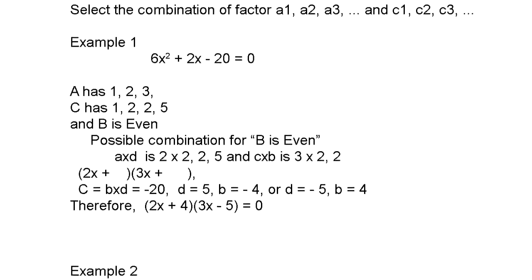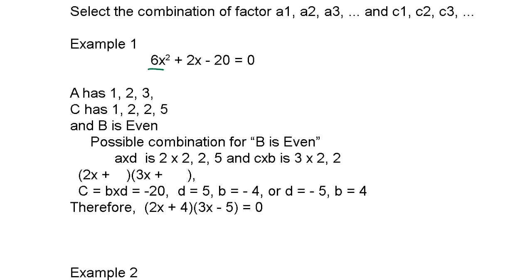Okay, let's do some examples. This is relatively small, not that big. 6 is broken into 1, 2, 3. 20 is factored into 1, 2, 2, 5. Now B is even, right? So for B even, the possible combination is a and d. A has to contain an even number, and c needs to contain the remaining.